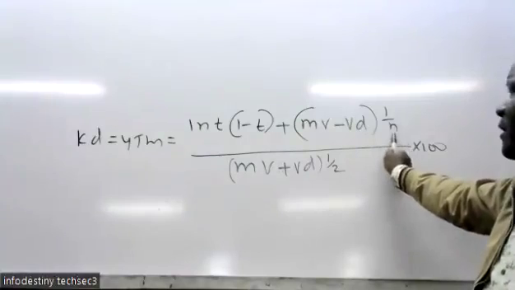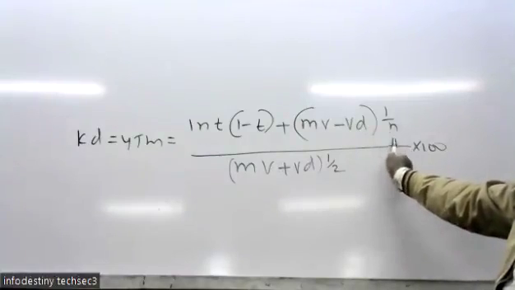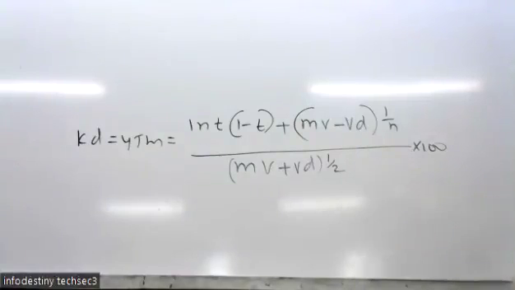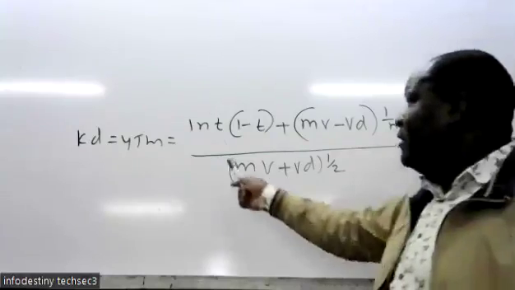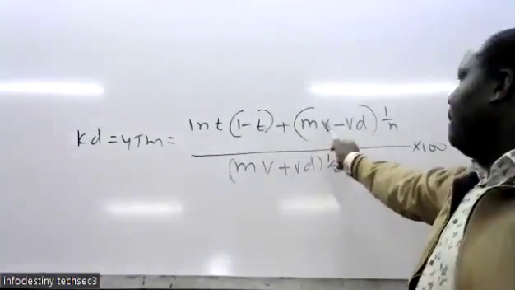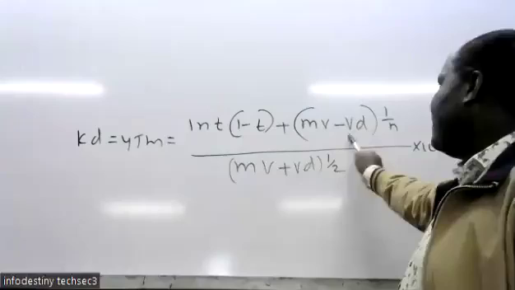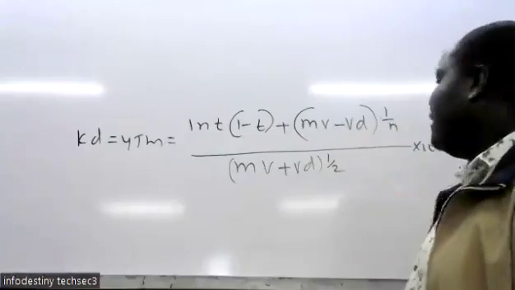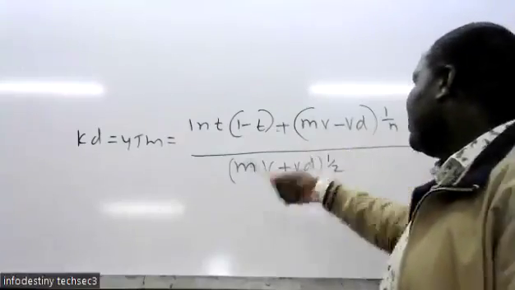N is the maturity period. So this one is a repetition of that.